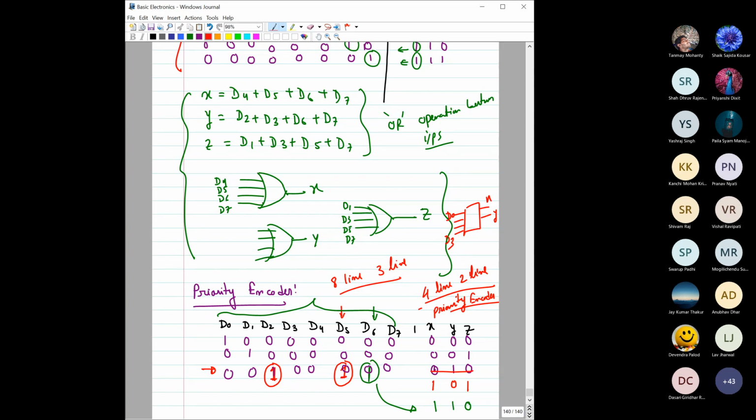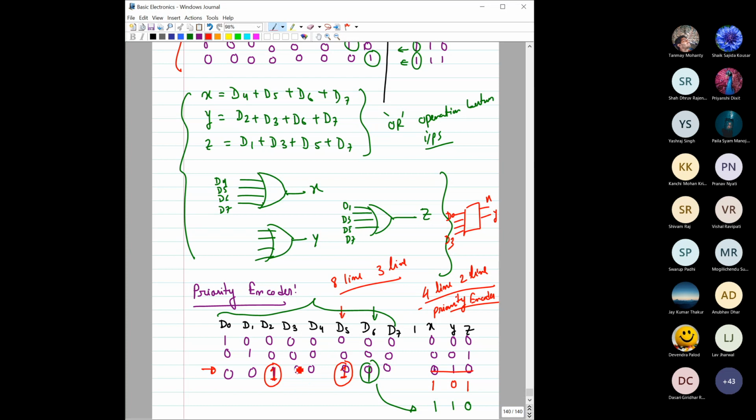So you have only 16 different combinations. You have to write all 16 combinations, and consider that whenever a higher input becomes 1, the output will correspond to that higher input only. So you have to discard the lower values.